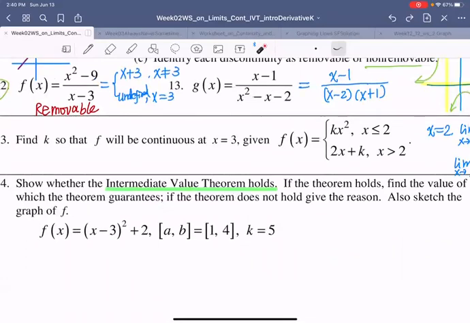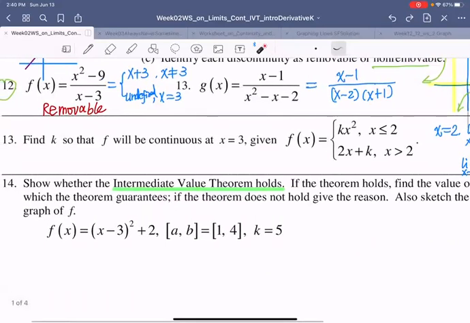I want to challenge everyone. Go ahead, find the k value so that f will be continuous at x equals 3. Now give it a try.